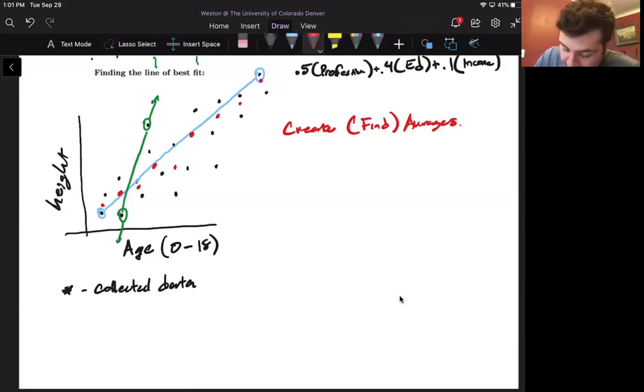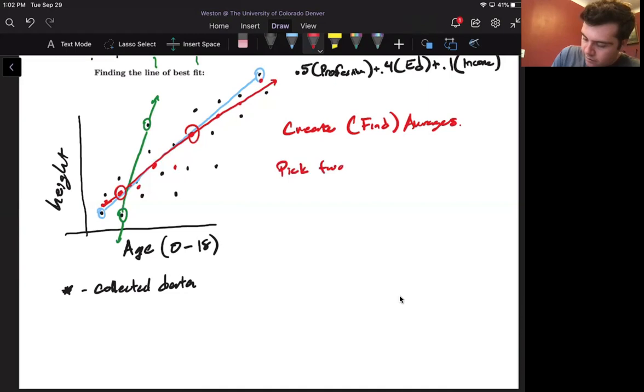And since they're all averaged, they're all pretty close to the center of the line of best fit. And then we can just pick 2 points again and just draw the line through them. So that works, where we just take 2 of our averaged points and make the line through that. So pick 2 averaged points and create a line.